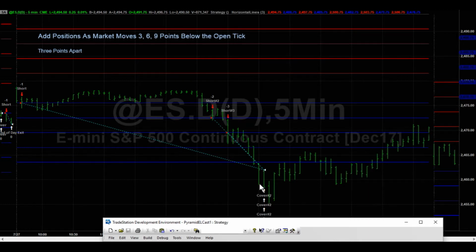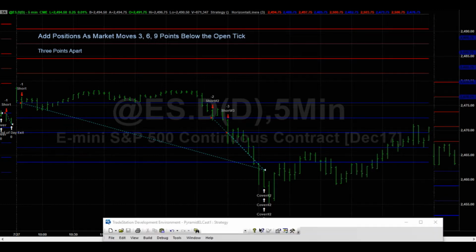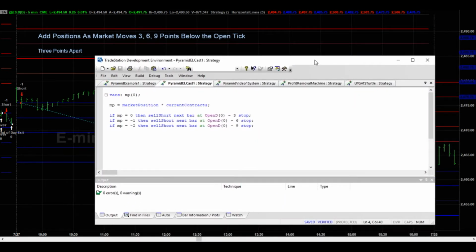And lo and behold, we got stopped out there. Which isn't a bad trade, because if you look at the close of the day, you would have given up a good percentage of that profit, probably half of it or so. So let's go ahead and program that trailing stop mechanism.